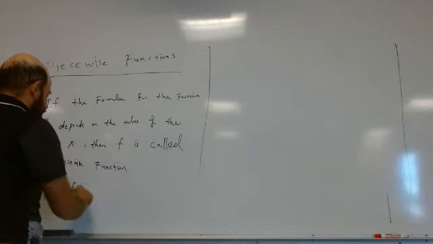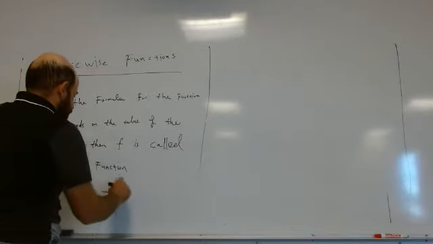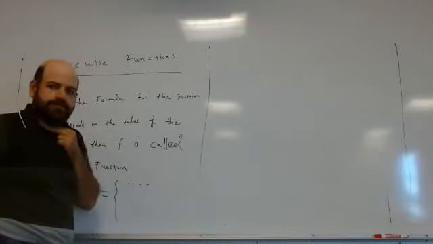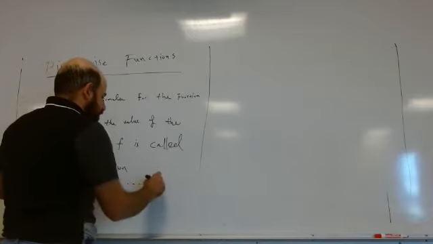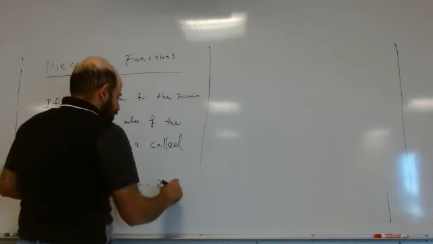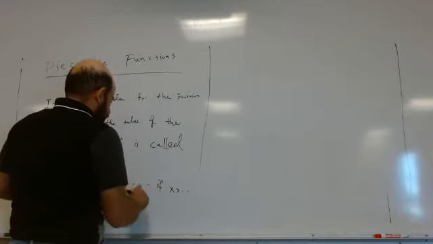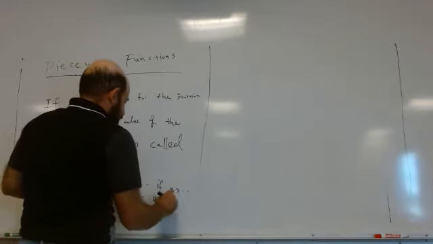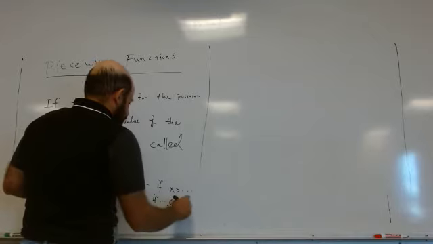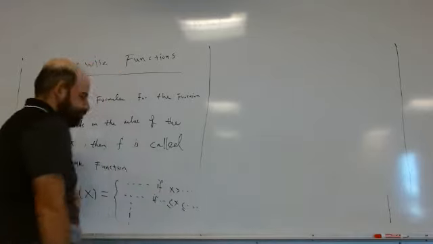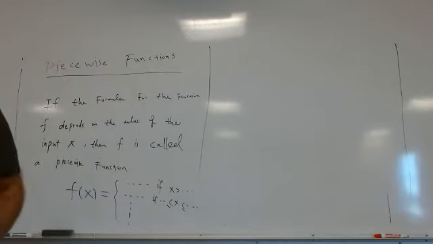So usually f of x equals some formula if x is, for example, bigger than some number, another formula if x is, say, between two other numbers, and so on. So this is a general form of a piecewise function.